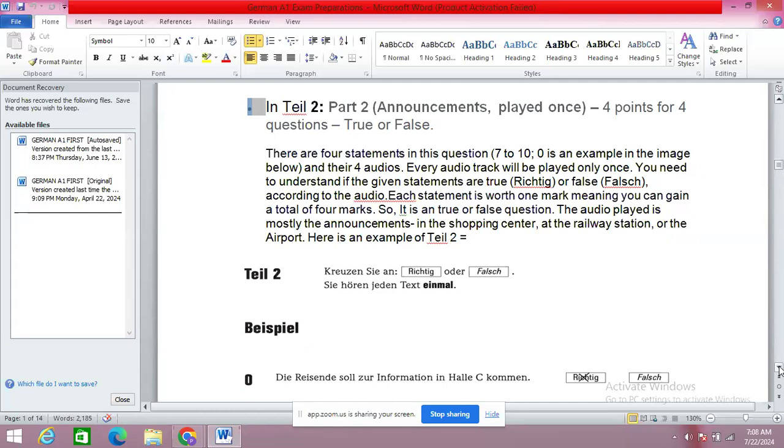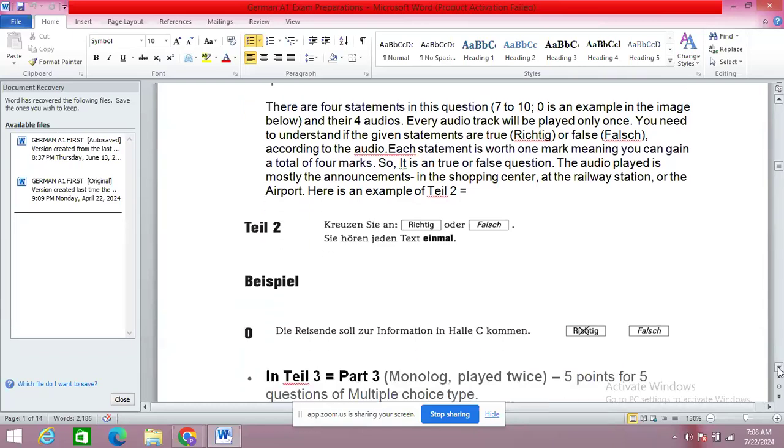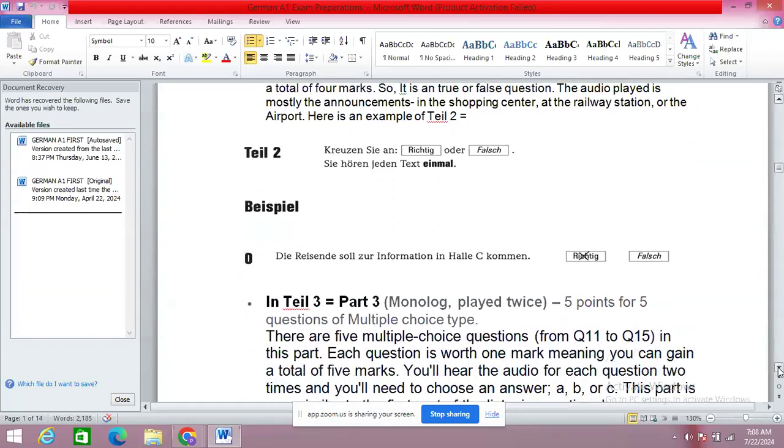We need to read the statement and mark whether the statement is right or wrong. So this is a true or false question in question number 2 of the Hören section. We are going to have 4 questions here, A, B, C, D. 4 different audios will be played. For each question the audio track will be different and it is played only one time, and we need to find out whether it is true or false.